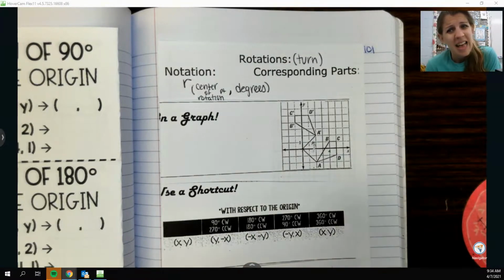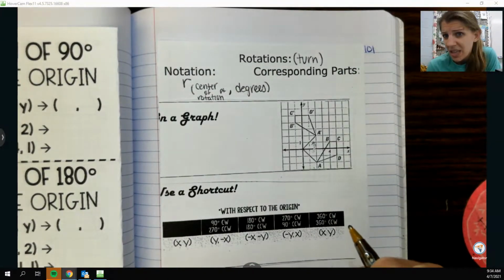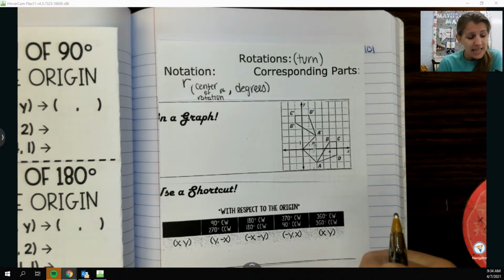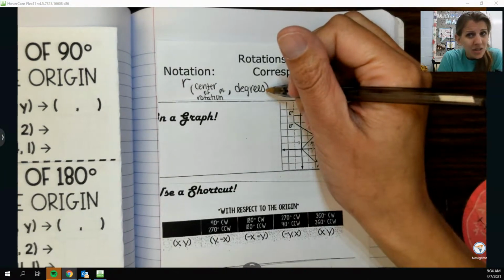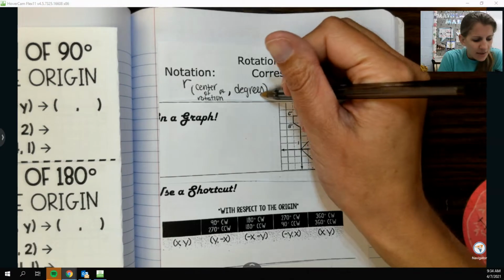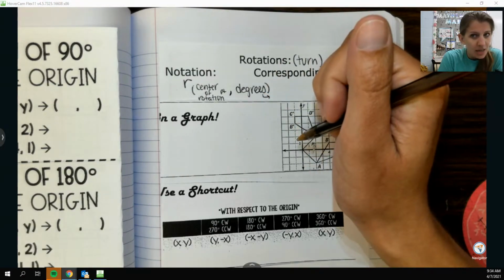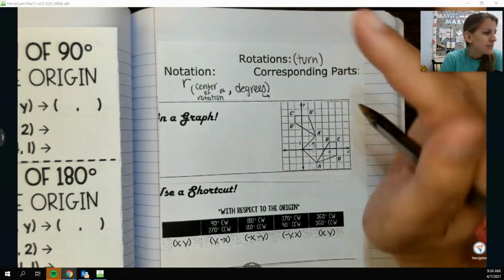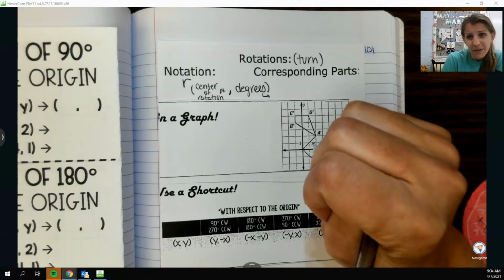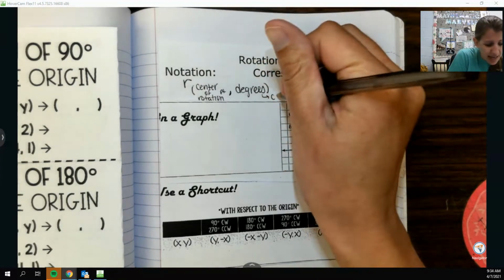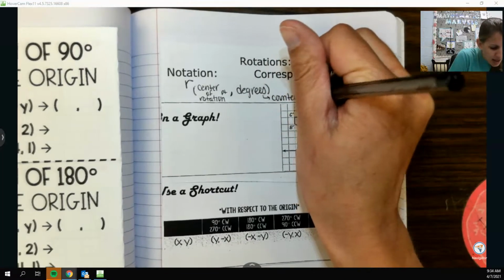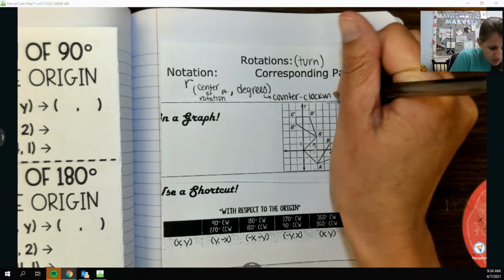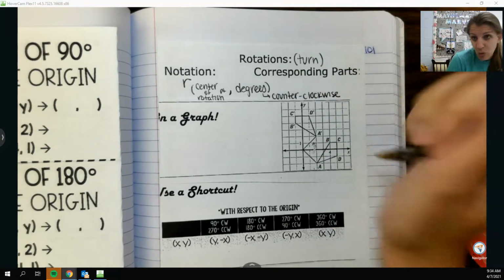The other thing that you don't really say but needs to be understood is the direction you're going in. If the degrees are notated without a symbol in front of it, like a positive number, I know this makes us feel uncomfy, but you're actually traveling counterclockwise, because everything in math truly travels counterclockwise. That's just more normal in math.